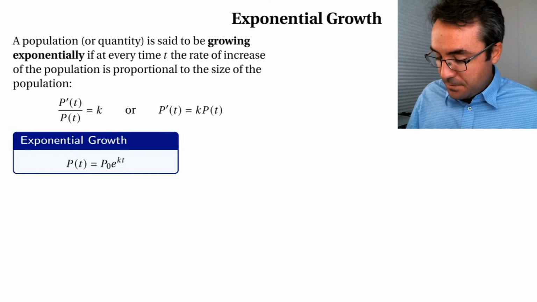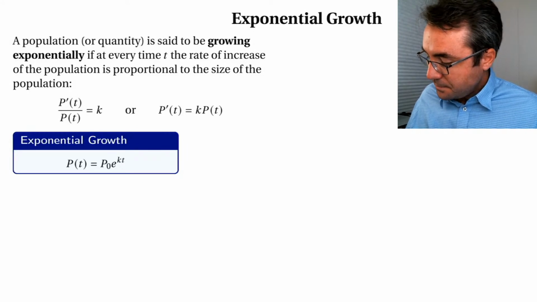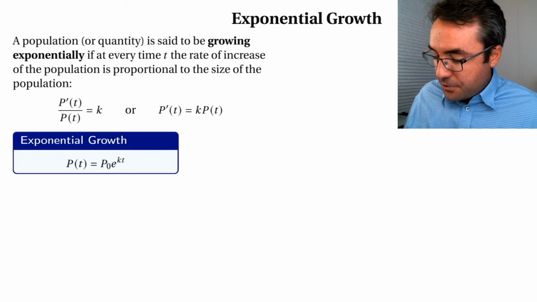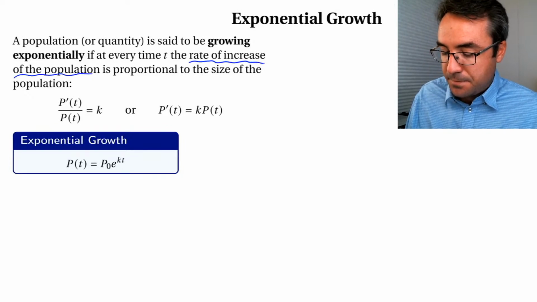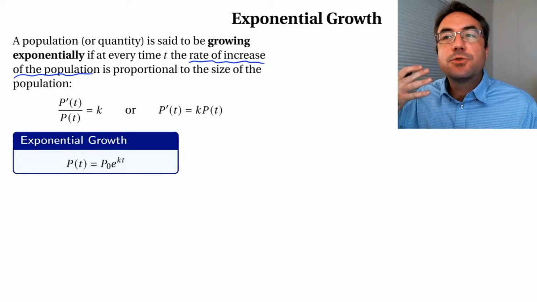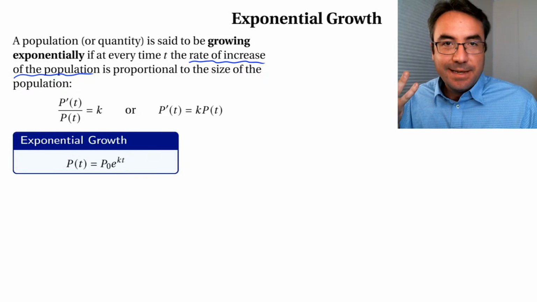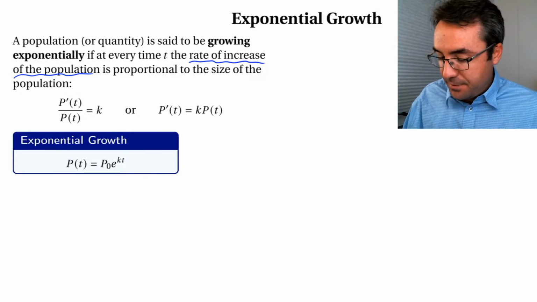And what does it say? So it says the rate of increase of the population. As soon as we see that word rate of change, rate of increase, rate of decrease, anything that's changing, that is a derivative.